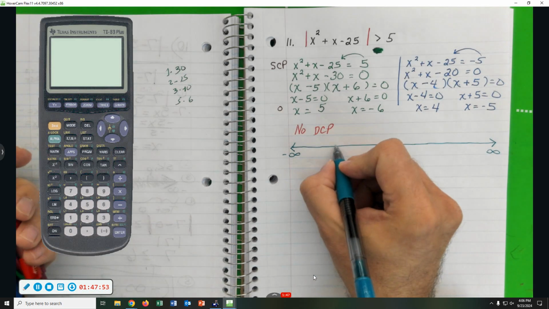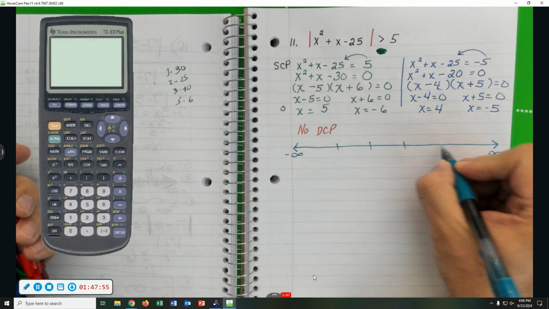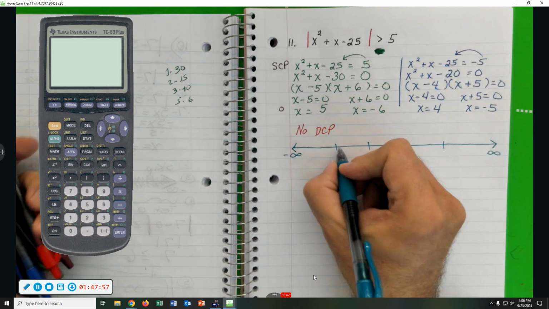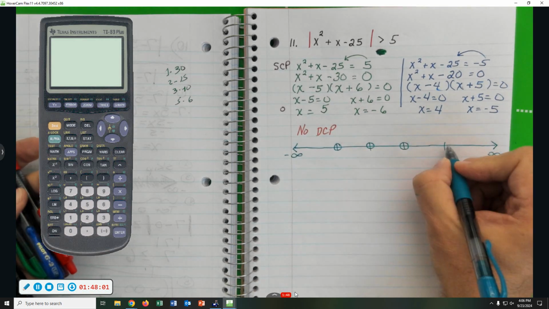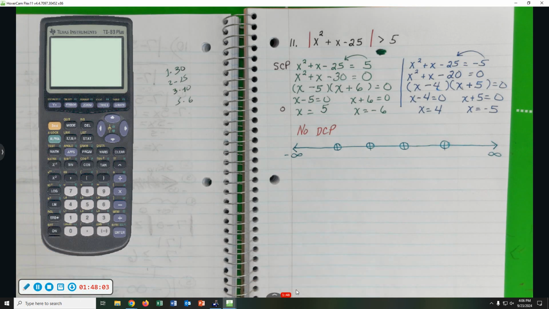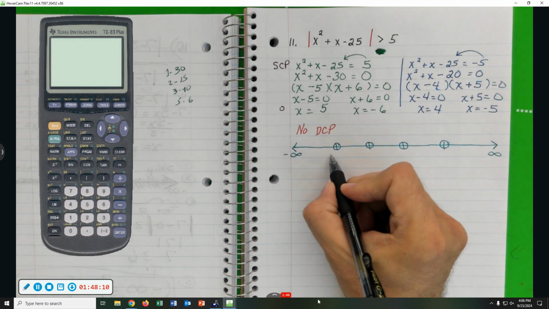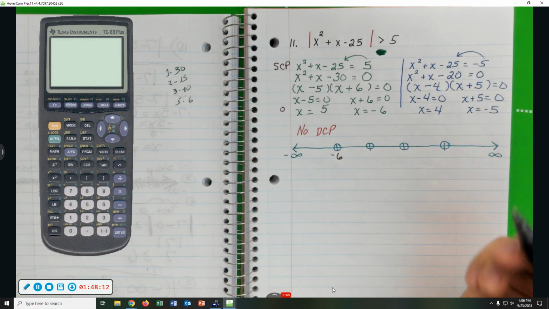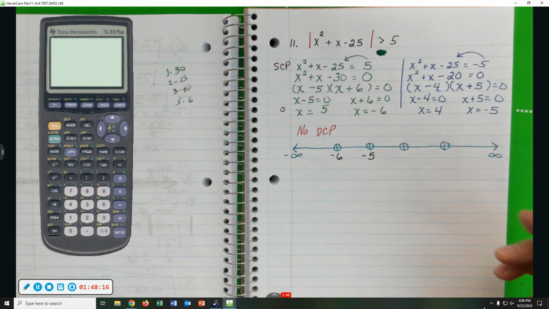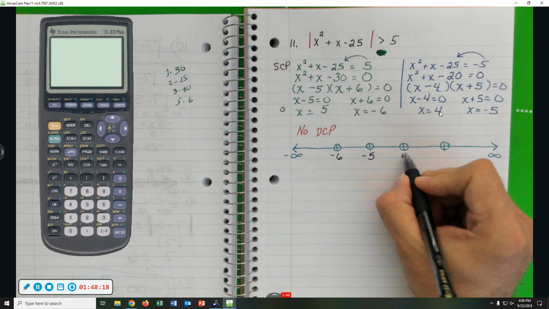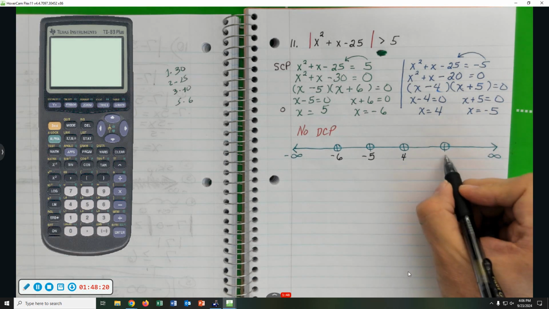He's going to put 4 tick marks there. Okay, 4 open circles. We've got to put these 4 numbers in numerical order. Which one's closest to negative infinity? Negative 6. And then what? Negative 5. 4. And the last one? 5.